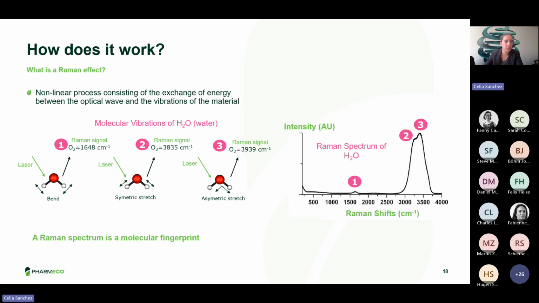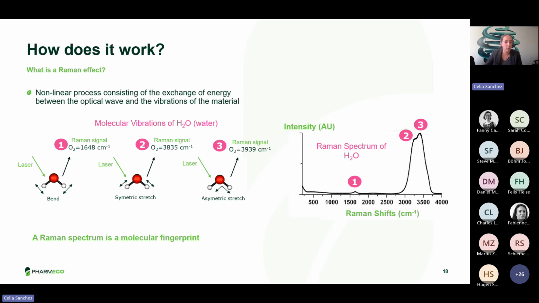It has a different Raman effect for each type of vibration. As a result, we can have a spectrum like this for each molecule, really correlated to the type of chemical bond and the vibration of those bonds. So the Raman spectrum is like a molecular fingerprint.